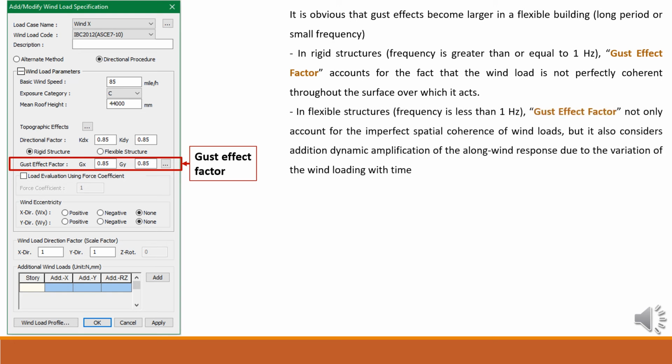In flexible structures, frequency is less than 1 Hz. Gust effect factor not only accounts for the imperfect spatial coherence of wind loads, but it also considers additional dynamic amplification of the along wind response due to the variation of the wind loading with time.